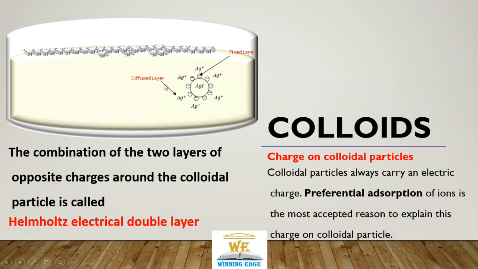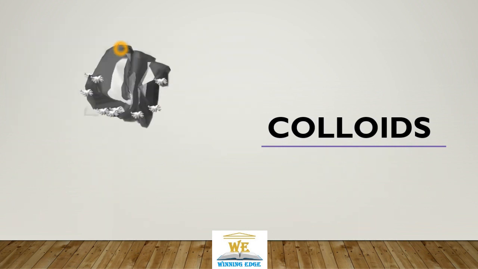That's called the diffused layer, and the combination of these two layers is called the Helmholtz electrical double layer. This is how the charges on the colloidal particle can be explained through preferential adsorption and diffused layer. If we add an excess of electrolyte, these can be neutralized and we get coagulation or precipitation.